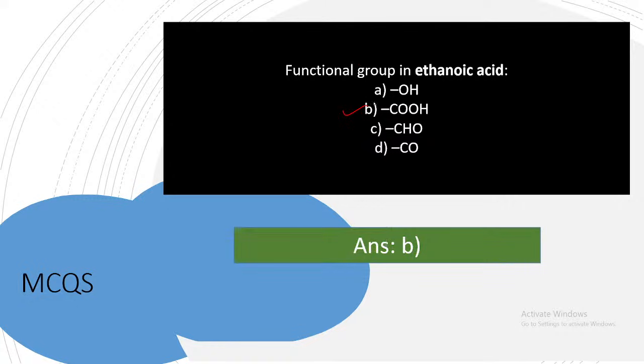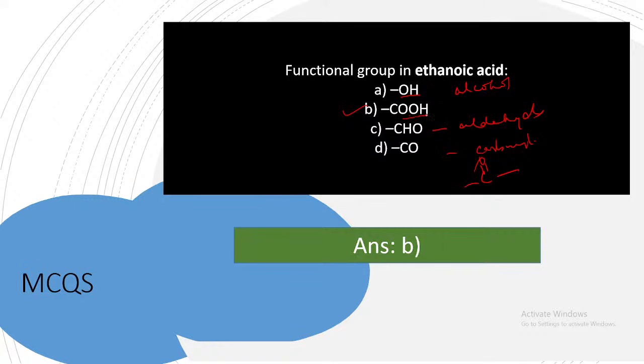OH is alcohol. CHO is aldehyde, and CO is the carbonyl group. Carbonyl group, or we have ketone, that is C double bond O. So that is ketone.